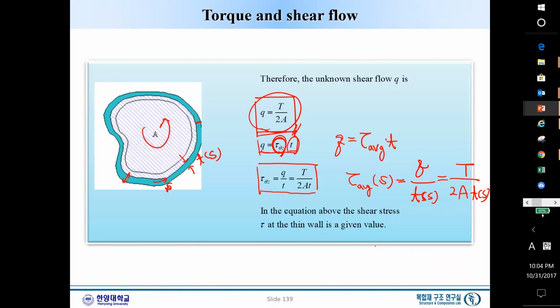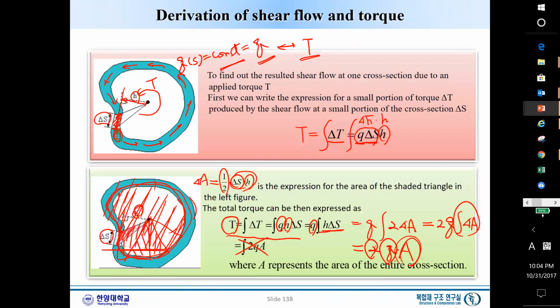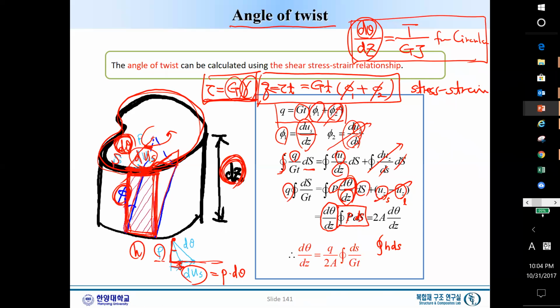Similar to our previous case, remember our h integration ds. What is this? This is twice of this cross section A.